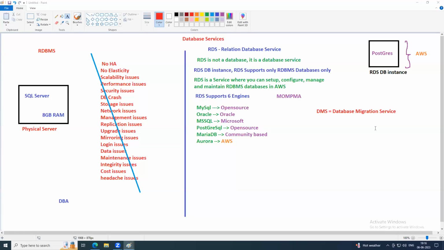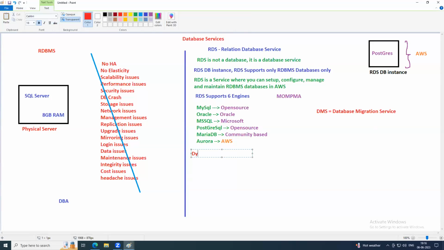NoSQL only nowadays. We have so many, like MongoDB and Cassandra, in the market. AWS also introduced its own database which supports NoSQL, and that database name is DynamoDB. It's a NoSQL database service in AWS.